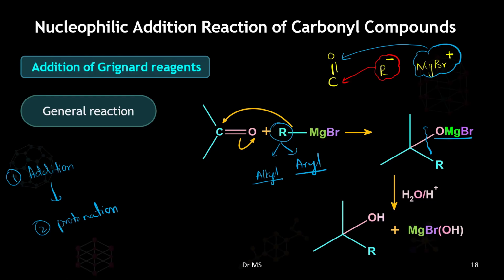For that, we need to treat with water and dilute acid. The dilute acid will provide this proton. H plus is nothing but the acid. It should be a dilute acid. And this is the intermediate step. We call it the alkoxide intermediate, and it results in formation of magnesium bromide hydroxide.